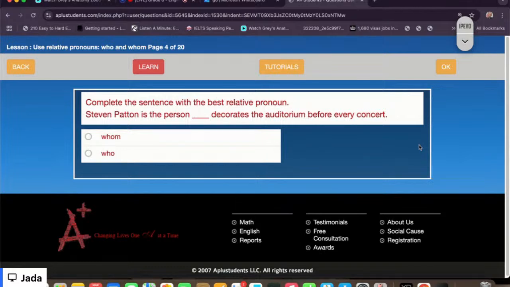Stephen Patton is the person that decorates the auditorium before every concert.